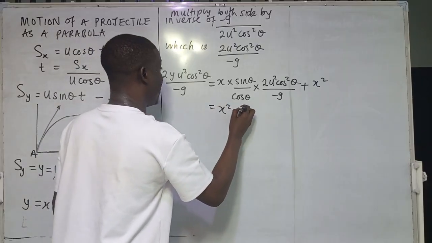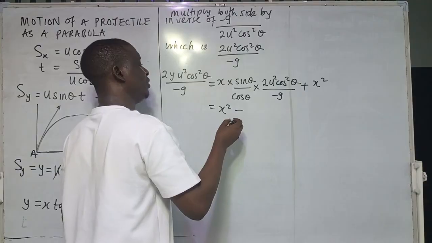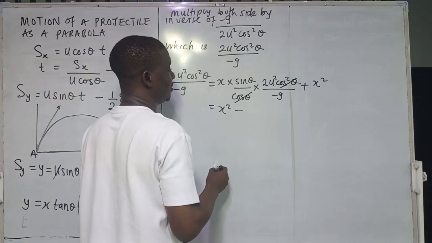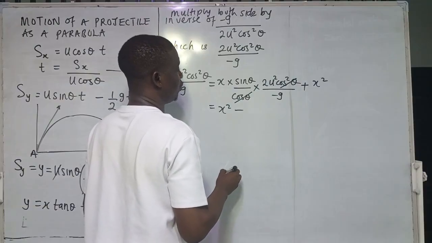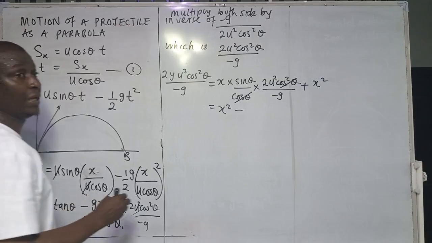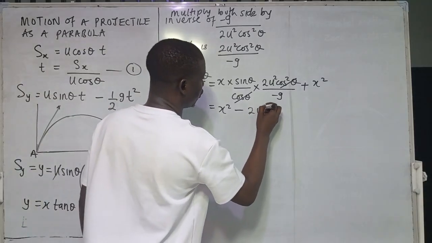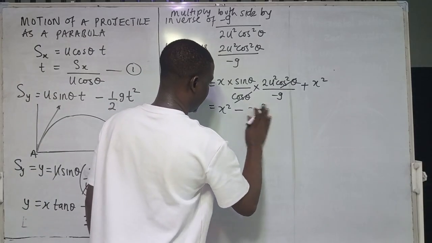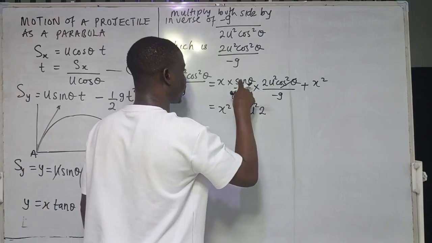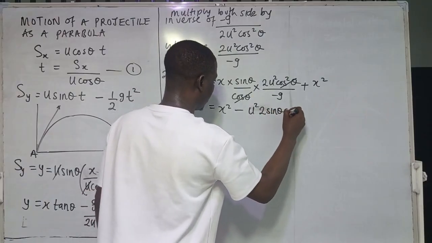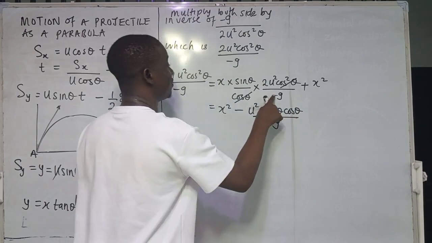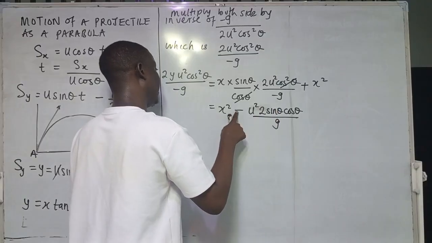So let's write it like this now. This one becomes S square minus, and this one will cancel this one. So I would have U square times 2 sin theta cos theta over G. That means this minus now, that's what I put in here.